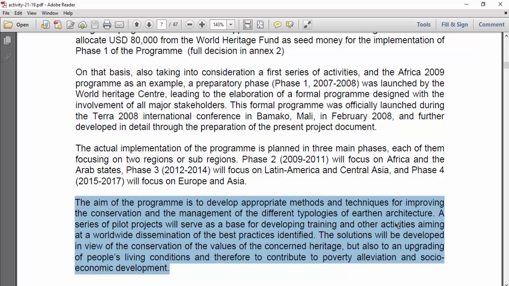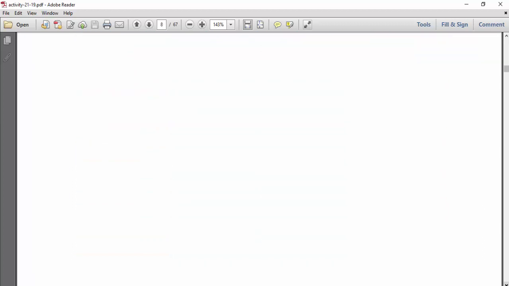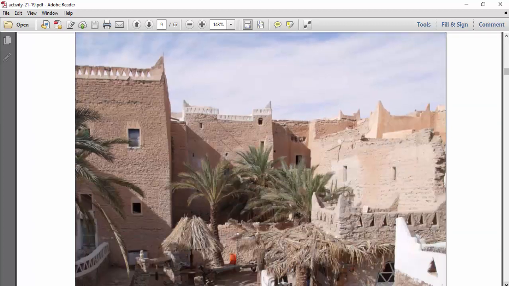I'm new to this, so I would have to do a lot of reading to fully understand it, but you can already see in the executive summary that you can really appreciate what they are trying to achieve. So this is a good document.